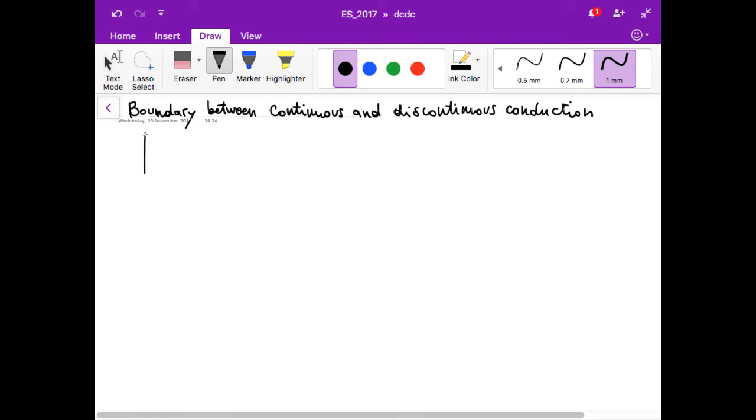Of course, at the boundary between continuous and discontinuous conduction, IL goes exactly to 0. So it's like this when it goes up, and it's like this when it goes down. Let's assume that this is T. So this is T on, and of course this is T off.